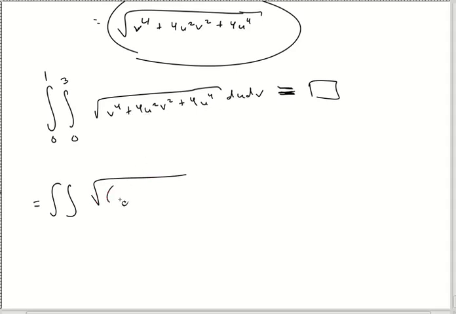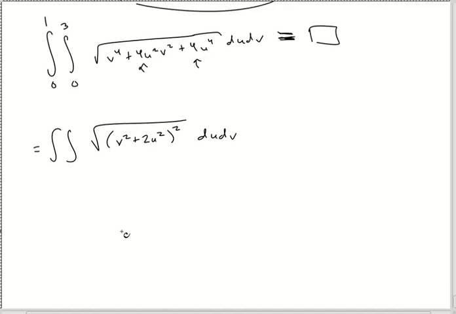I'm pretty sure it was v squared plus 2u squared, squared. So essentially this is like a perfect square thing. That's why you got the 2 plus 2 makes a 4, but 2 times 2 makes a 4. See how that works? All right, and then the square and square root cancel. So now we're left with v squared plus 2u squared du dv, which is so much easier.